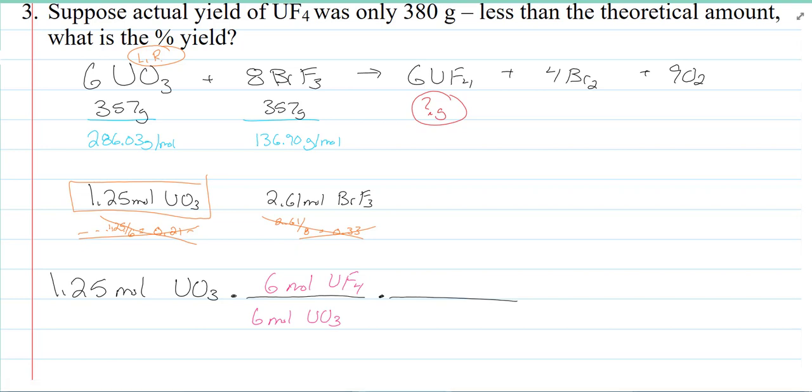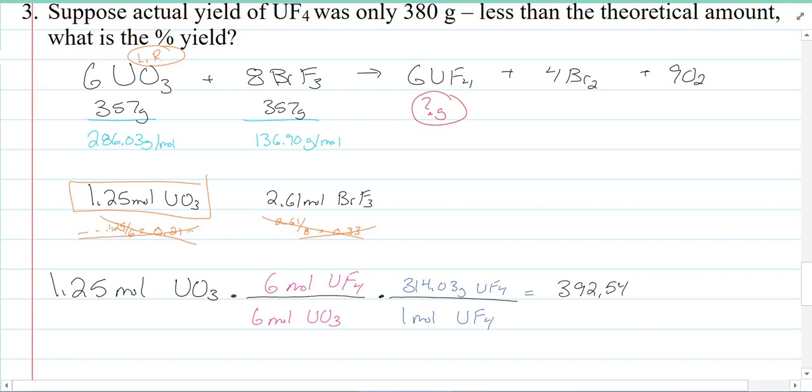We know that 1 mole of uranium 4 fluoride, do the molar mass, it's 314.03 grams of UF4. That gives us 392.54 grams, which ends up being 393 grams of UF4. And that's my theoretical yield.